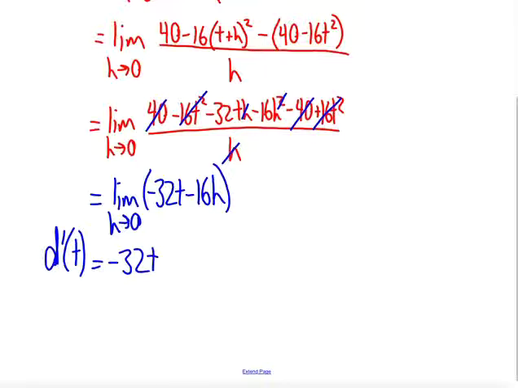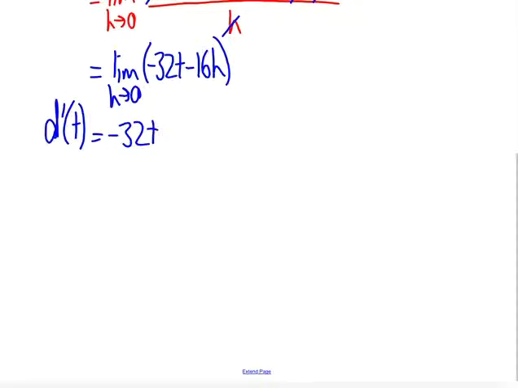So guess what? How fast was our phone falling when it was a foot off the ground? What would I be finding? Remember that point was at 1.561, or to be exact, the square root of 39 over 4.